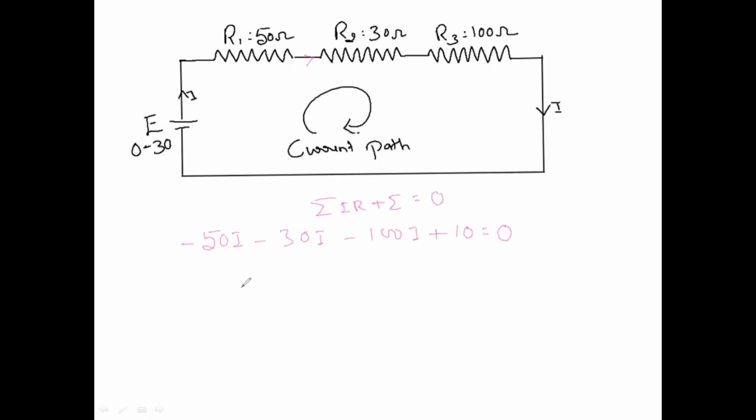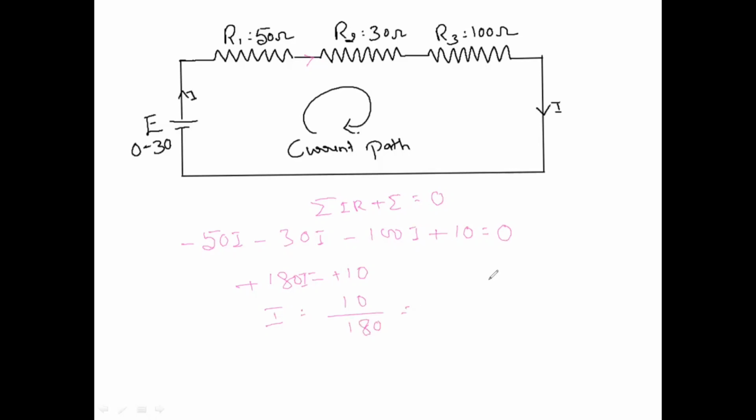You just simplify this because all are negative voltage drops. So this will become minus 180I is equal to minus 10. Both negative signs can be ignored, so I will become 10 divided by 180.